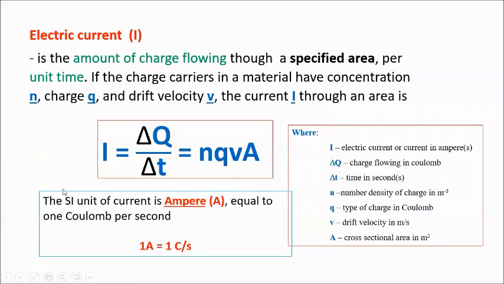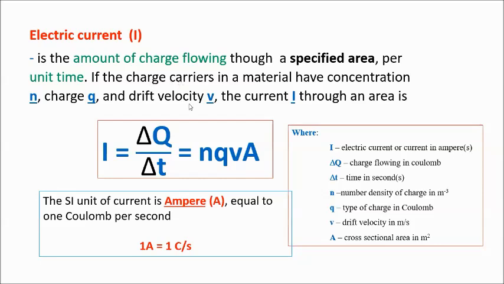Any motion of charge from one region to another is called an electric current I. Again, any motion of charge, like the water in the figure earlier, from one region to another is called electric current. So let us define electric current. This is the amount of charge flowing through a specified area per unit time.